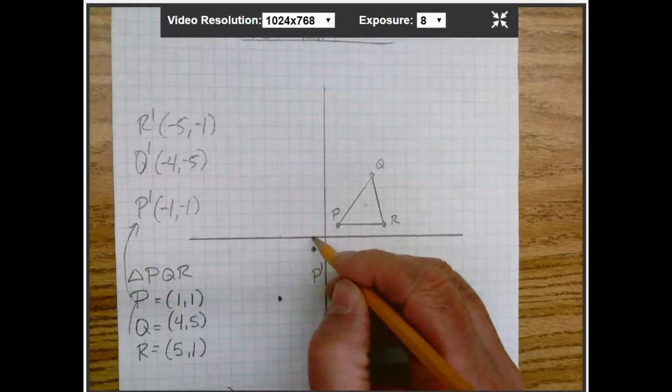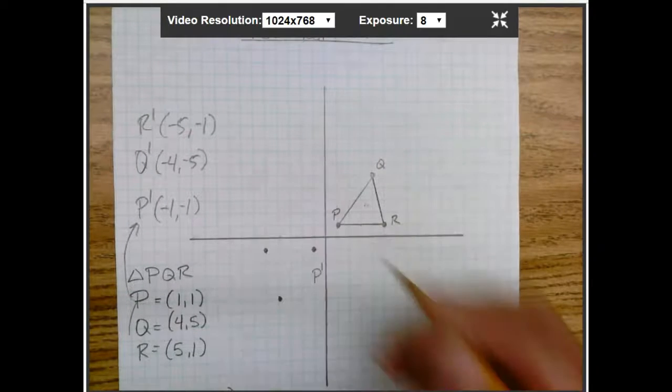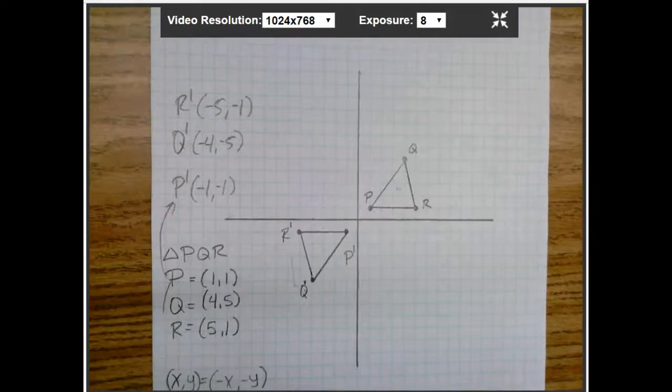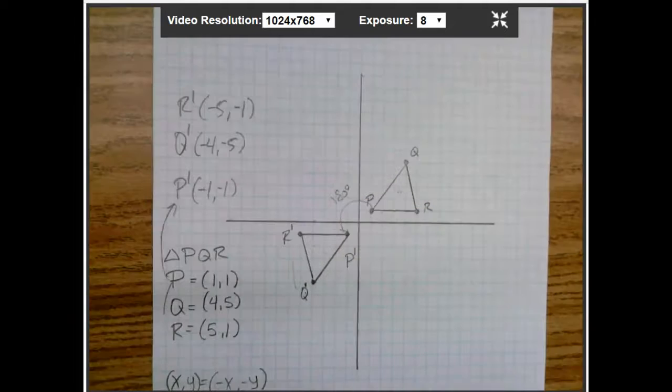So 1, 2, 3, 4, 5, and negative 1 would be right there. And then we just need to connect the dots. And you can kind of see I did that here. So then we have the new figure with P prime, R prime, and Q prime, and it looks like 180 degrees. So if we were to measure this angle, we would see 180 degrees.